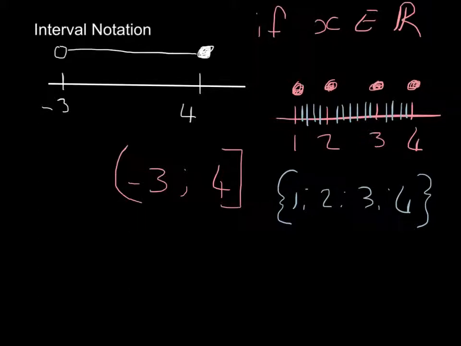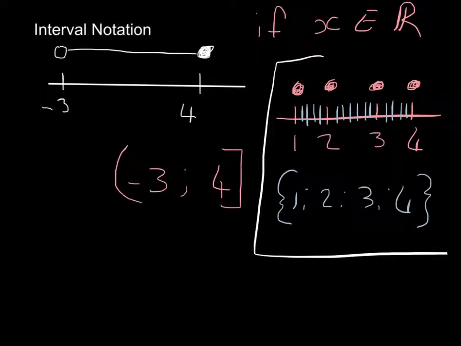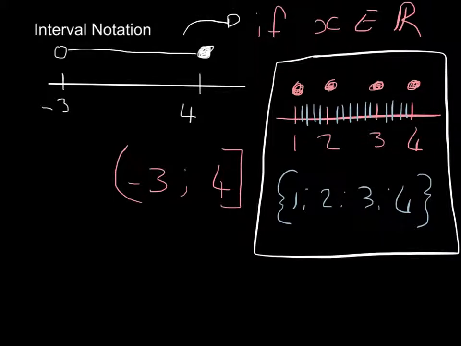So in this instance, we cannot write that in interval notation. We can only write it if x is an element of real numbers, and how we know that it's an element of real numbers is if there's a solid line between our two points, between our start and end point.